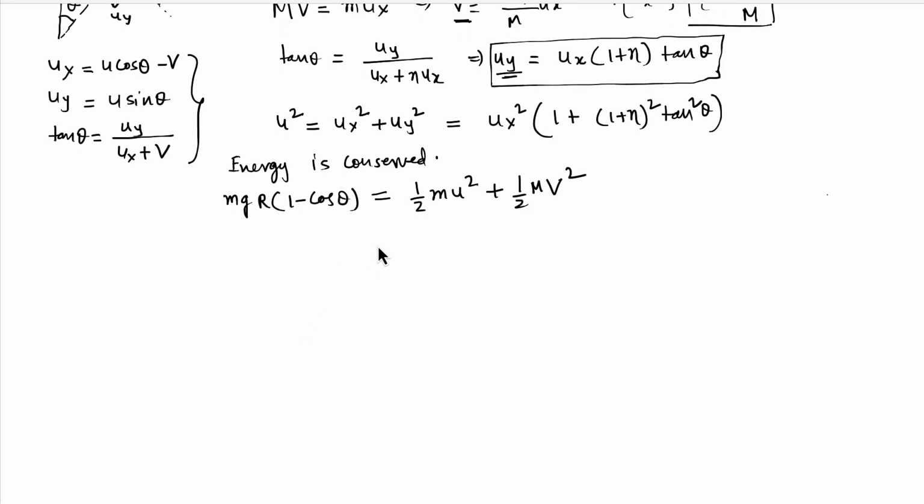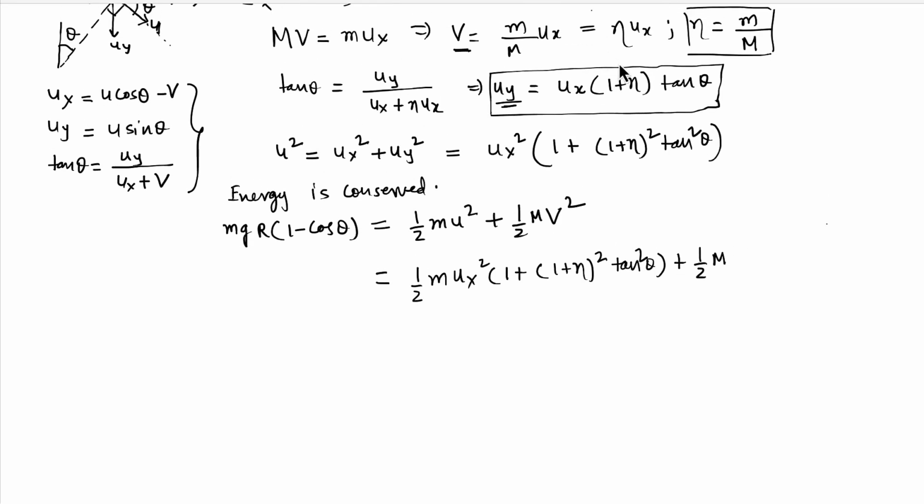Okay. So then this will become half m ux square times 1 plus (1 plus eta) square tan square theta, plus 1 by 2 M, and v is nothing but eta ux, so eta square ux square.